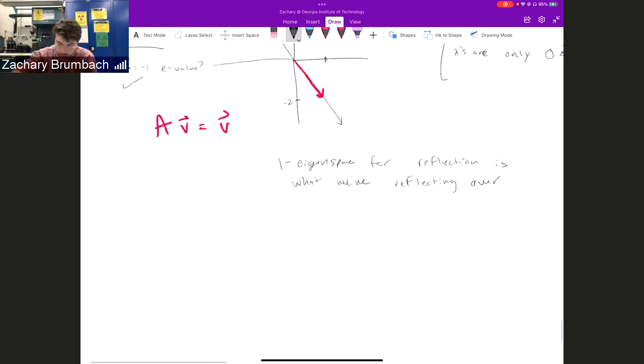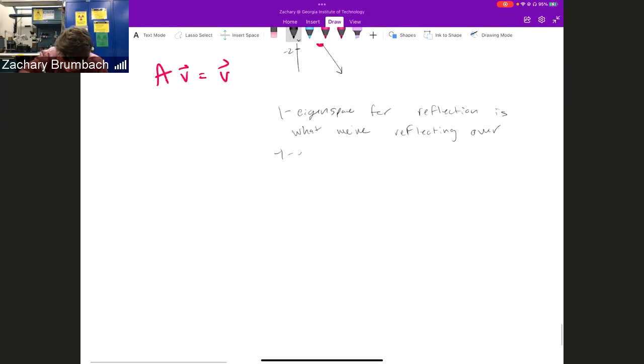And the -1 eigenspace, also for a reflection, is orthogonal to what we're reflecting over. Okay.